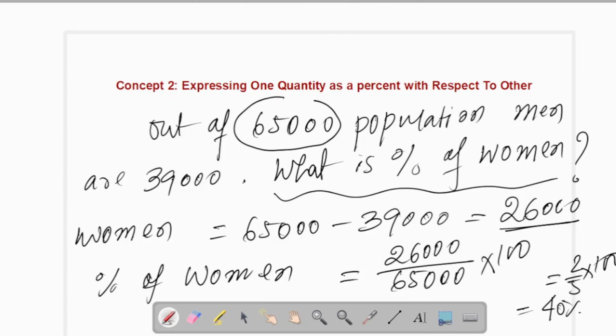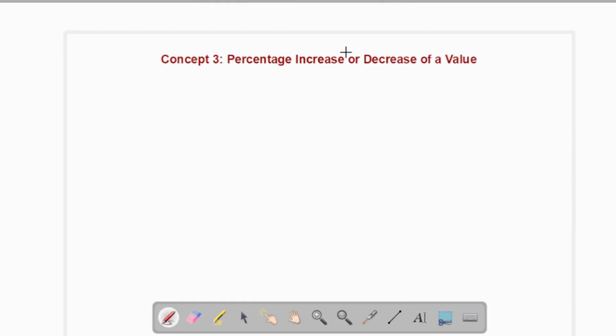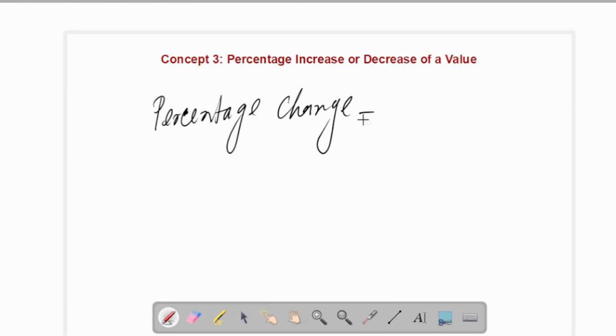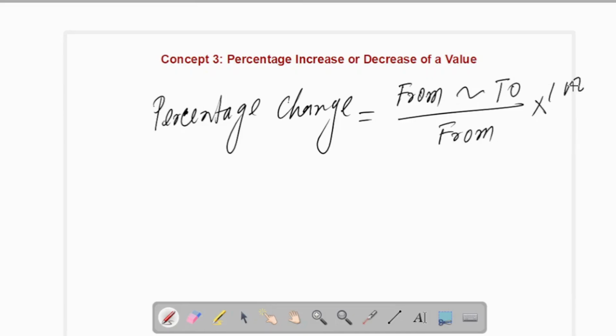Now, in the next concept, we will try to calculate the percentage increase or decrease of a value. Now, I do not know whether it is increasing or decreasing. So let us formulate a common formula, that is percentage change is equal to (to minus from) divided by from, into 100.